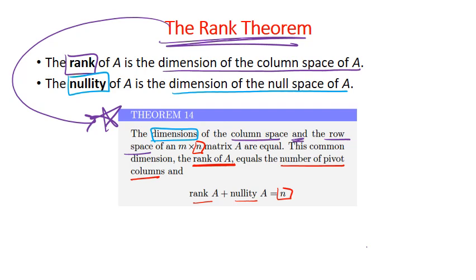Now you might be thinking, what? And I understand. We kind of need to put this all together. So a couple things from here. Rank A is equal to the number of pivot columns.